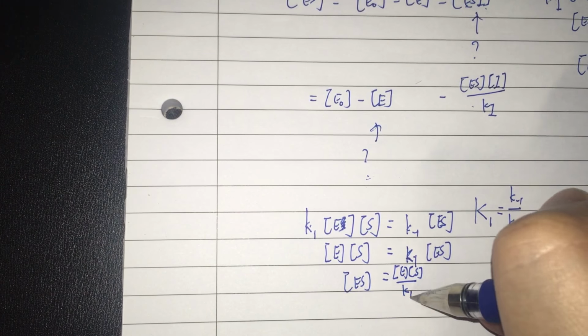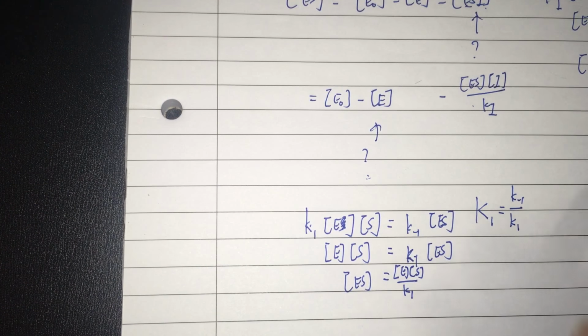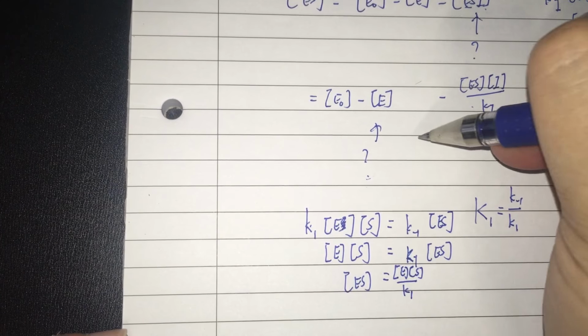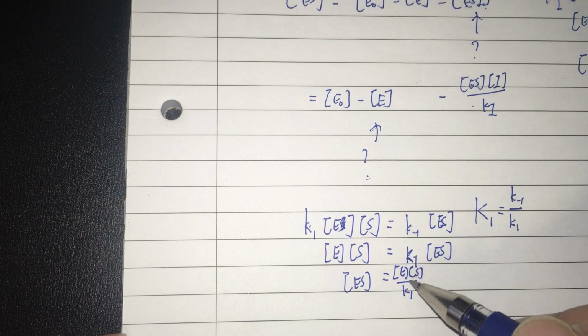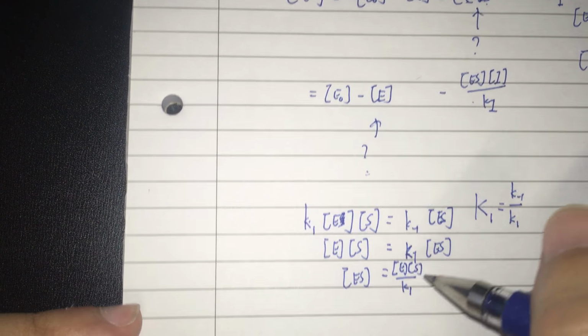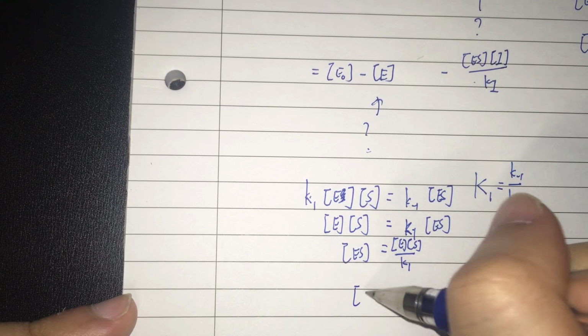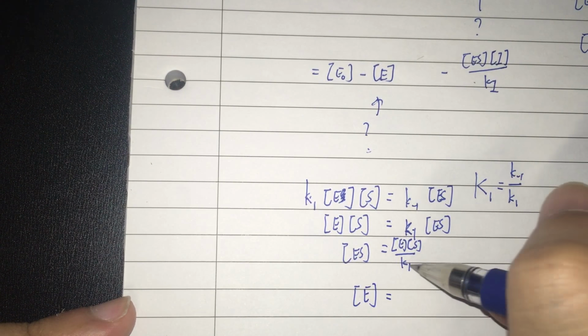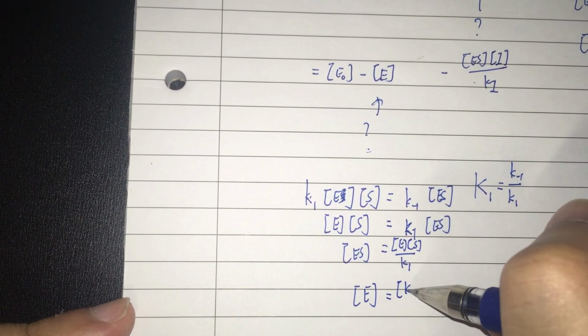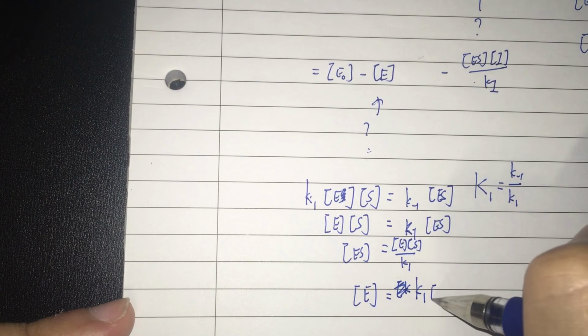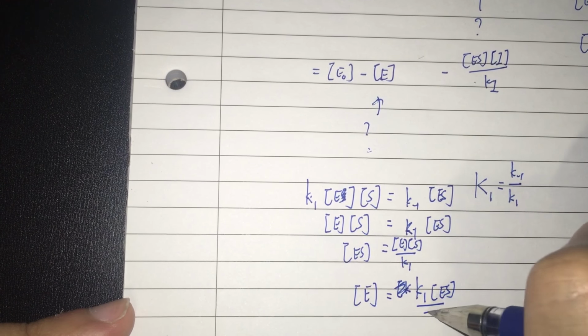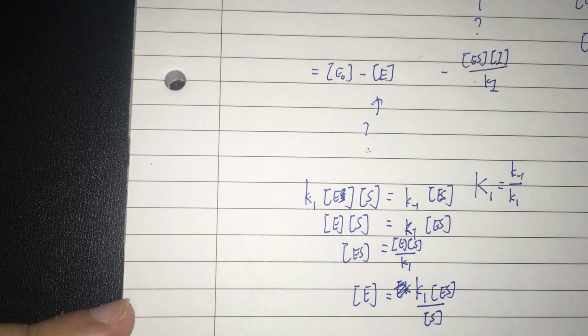Oh, right, we're supposed to make E the subject. So let's make E the subject instead. My apologies there. So let's bring K1 to the left-hand side, you have ES, and you divide everything by S.